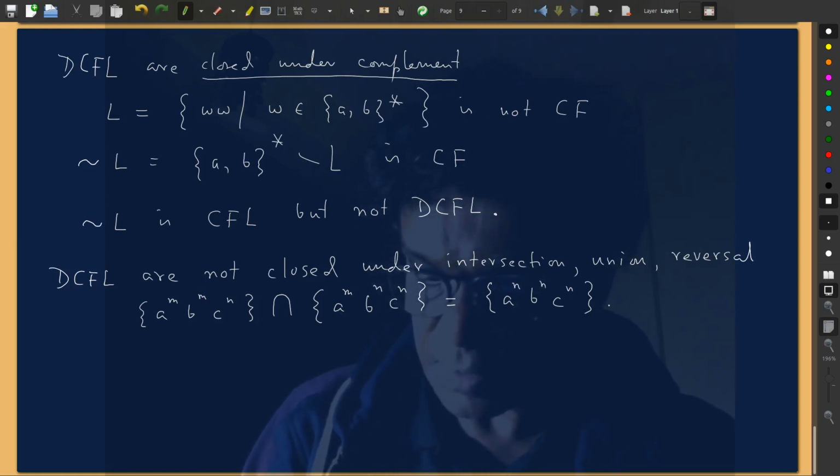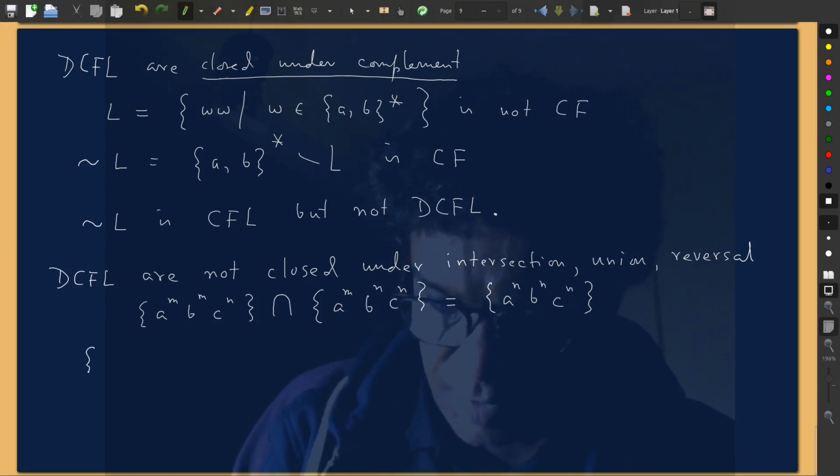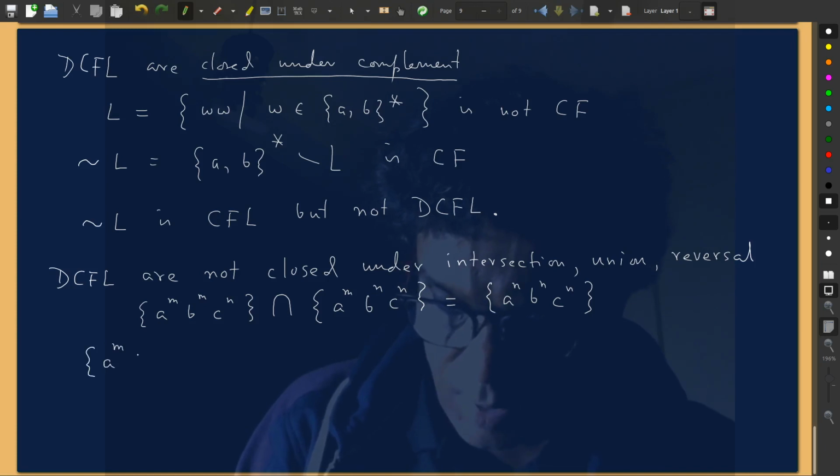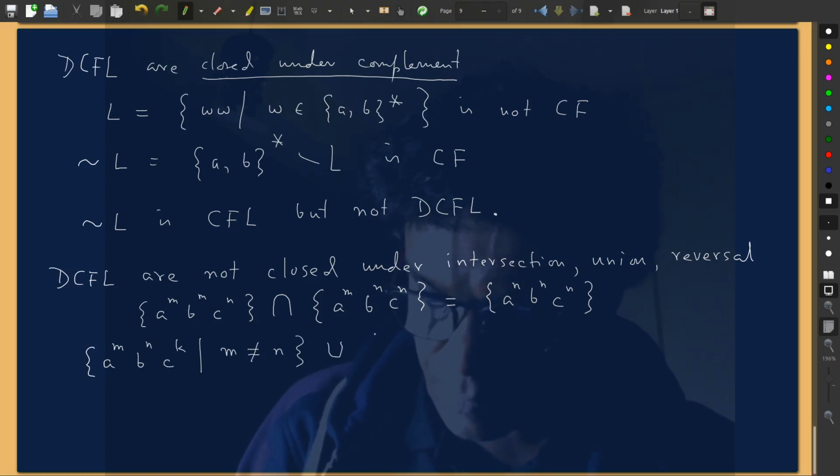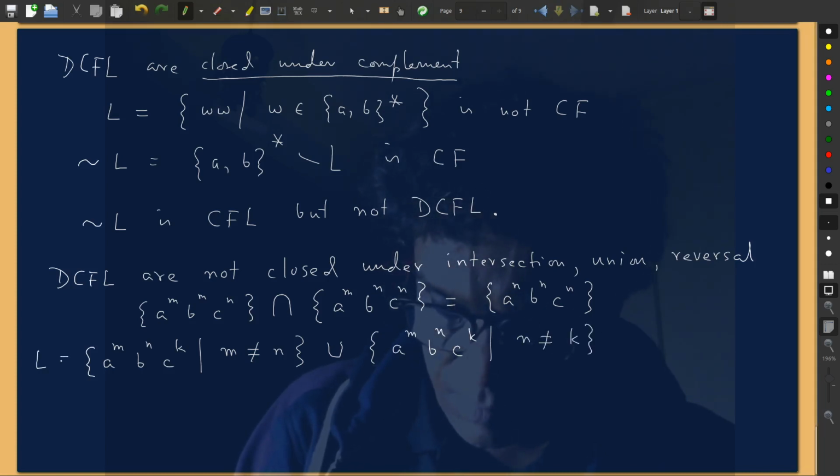Forget about being DCFL. Likewise, if I look at this, A power m, B power n, C power k, let's say m is not equal to n, and A power n, B power n, C power k, n is not equal to k. Now let us consider this language.